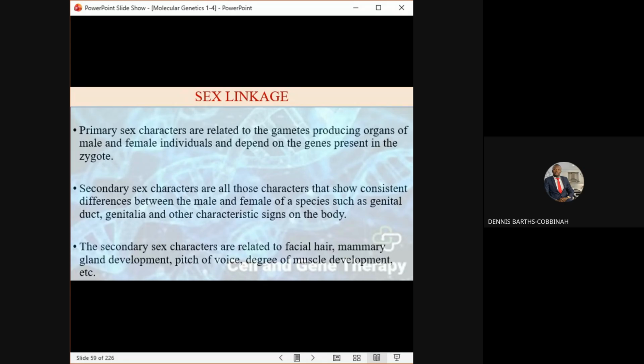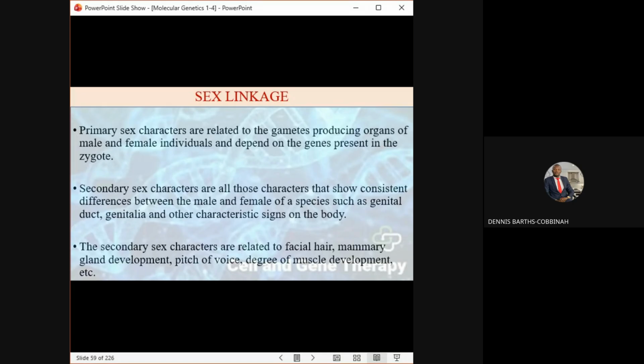For example, in the females, you have widening of hips, development of breasts, and some genitalia differences. In the males, we have the penis, the testis, and the scrotum, and in the females, you have the vagina, the development of the uterus, and all that.